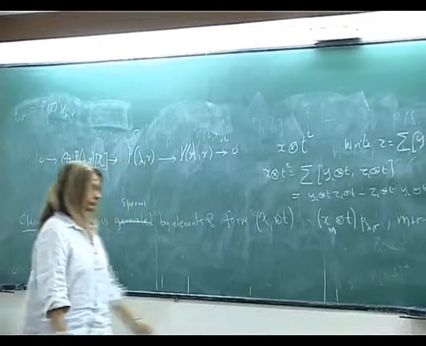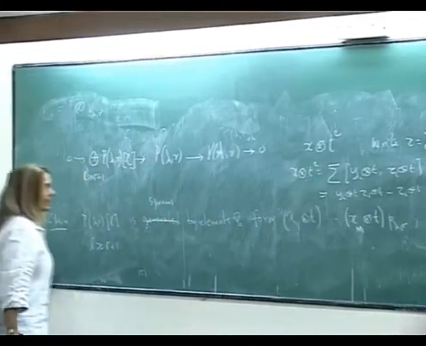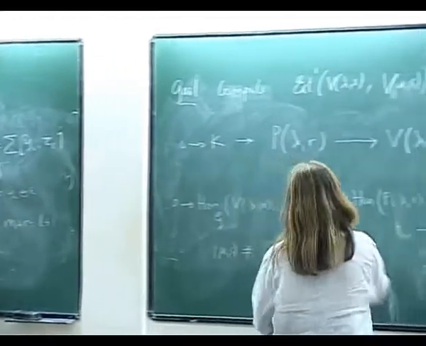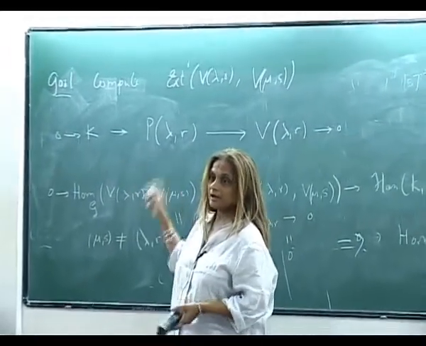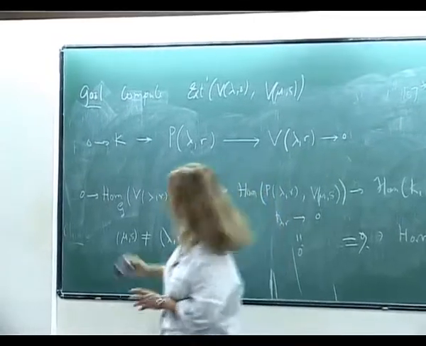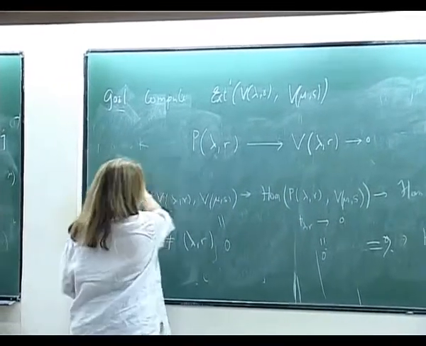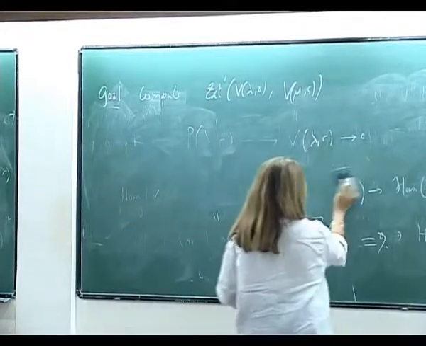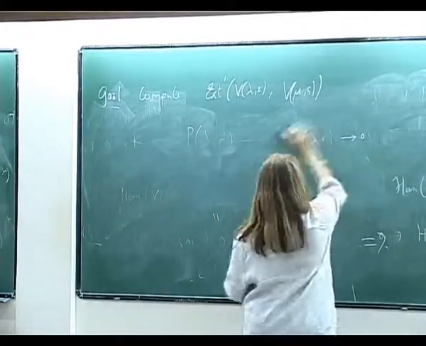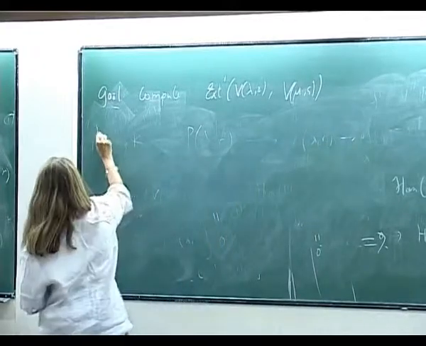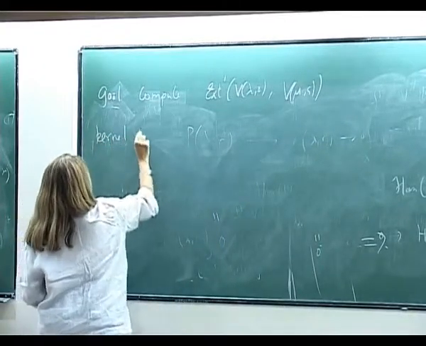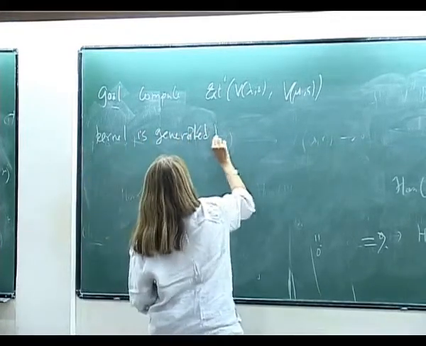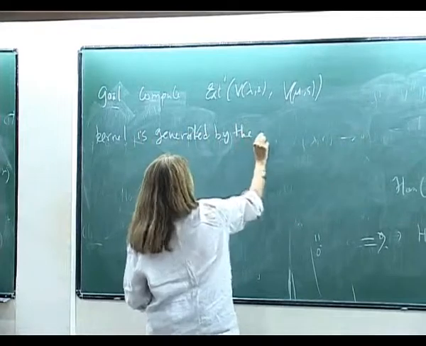Okay. So, in other words, P lambda, so the kernel is, so this is a complicated way of saying that the kernel, K, is generated by the R plus 1th graded piece.